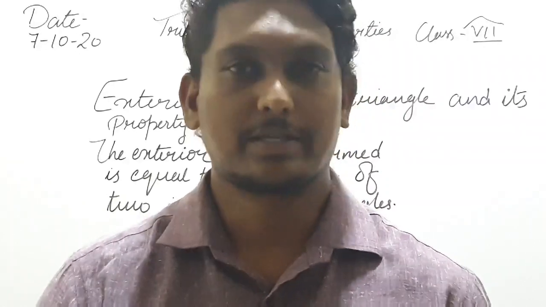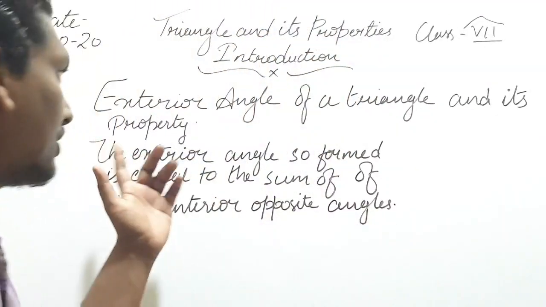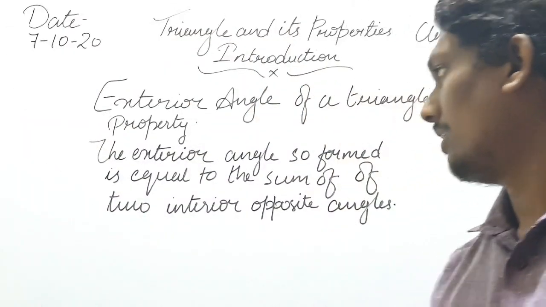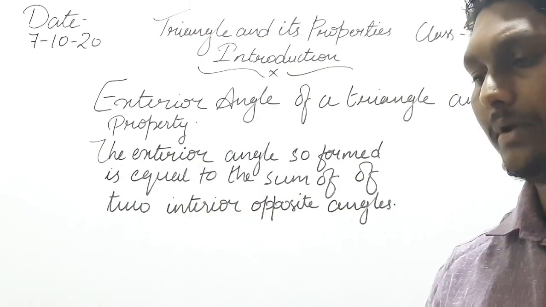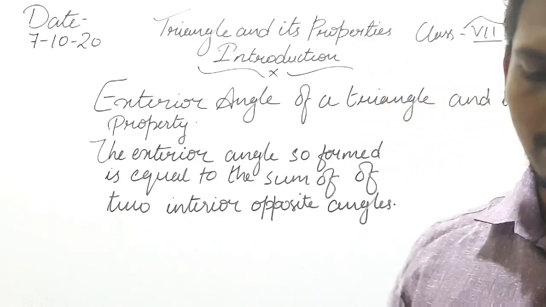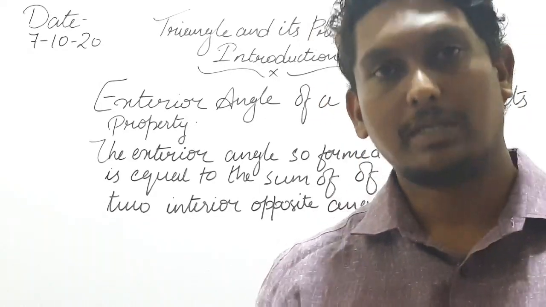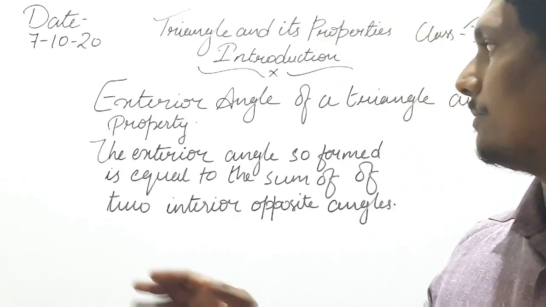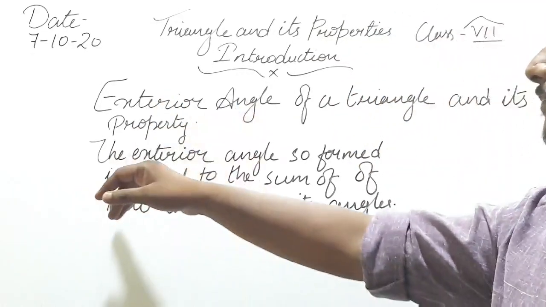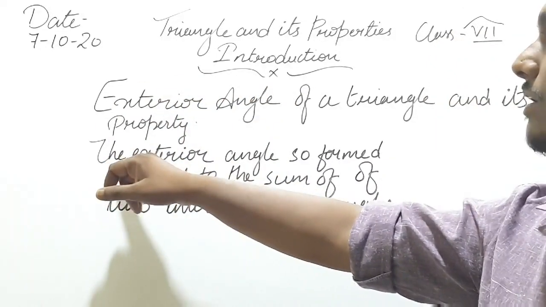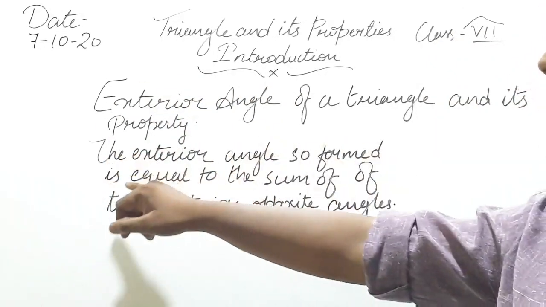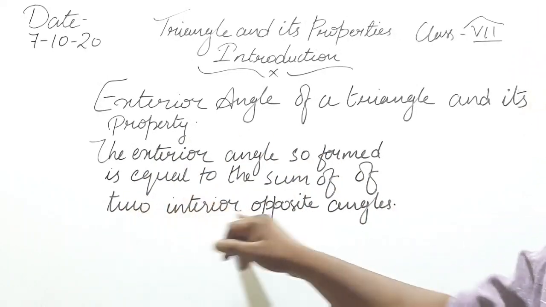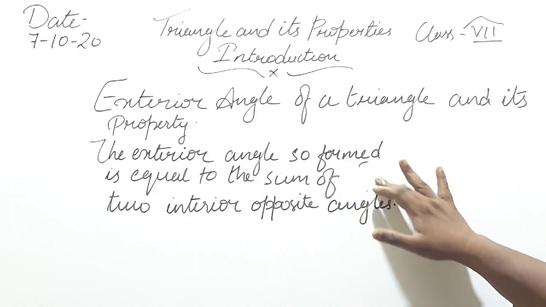Okay students, now come to the next topic, that is the exterior angle of a triangle and its property. Basically I'm talking about exterior and interior. Interior means inside and exterior means outside, right? So the definition is: the exterior angle so formed is equal to the sum of the two interior opposite angles, right?